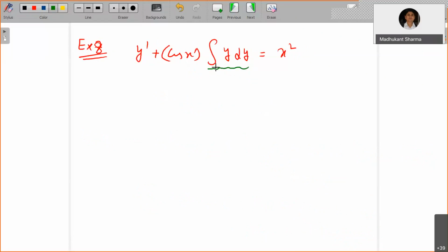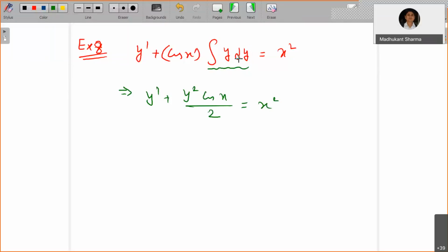There is no role of a function of x, so there is no requirement of differentiation. You can simply put the integration of y as y square by 2. That's it. So this is equivalent to y dash plus y square cos x by 2 is equal to x square. It's very simple when you have integration of y with respect to y itself.